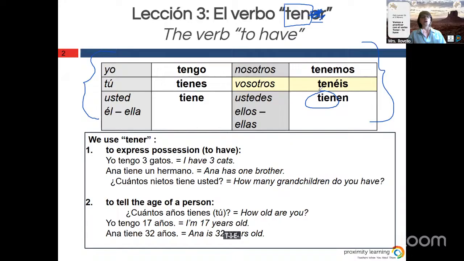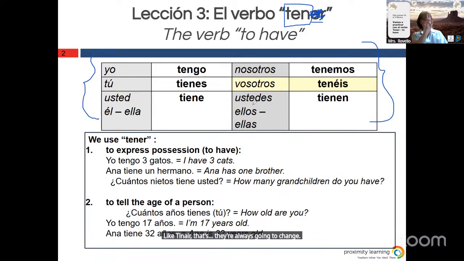T-I-E-N. So our pattern, you guys, that we're going to see is tú, usted, él, and ella, ellos, ellas, and ustedes. When we have a stem changing verb like tener, they're always going to change.